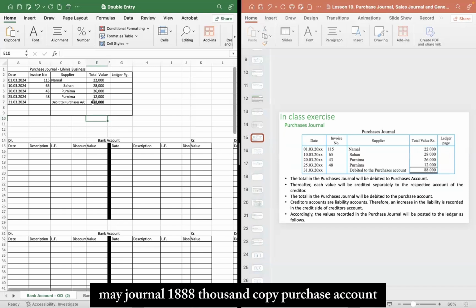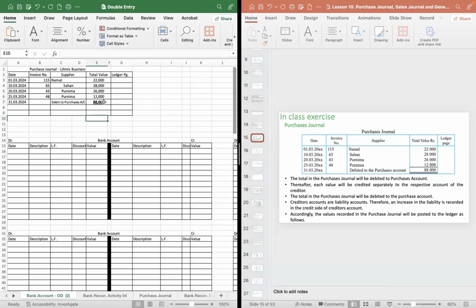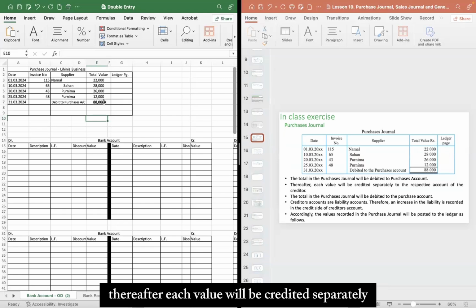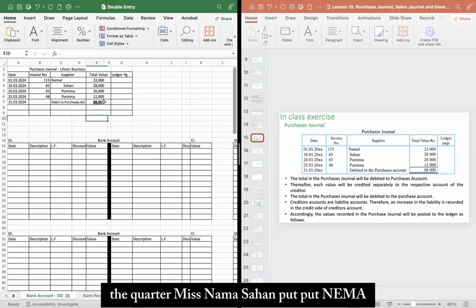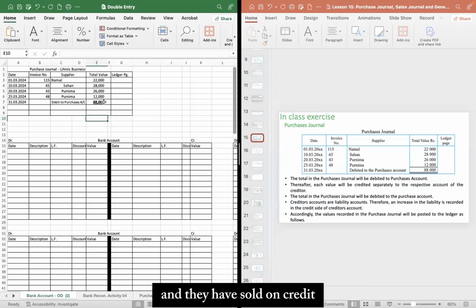The 88,000 in this journal, we debit to the purchases account. Thereafter, each value will be credited separately to the respective account of the creditor. So these Namal, Sahan, Purnima, who are they? They are suppliers to the business and they have sold on credit.